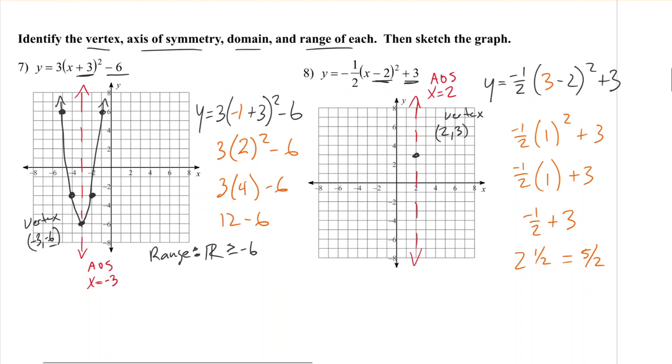Those are equivalent. So when we plug in a 3, we get out 5/2, or 2.5.